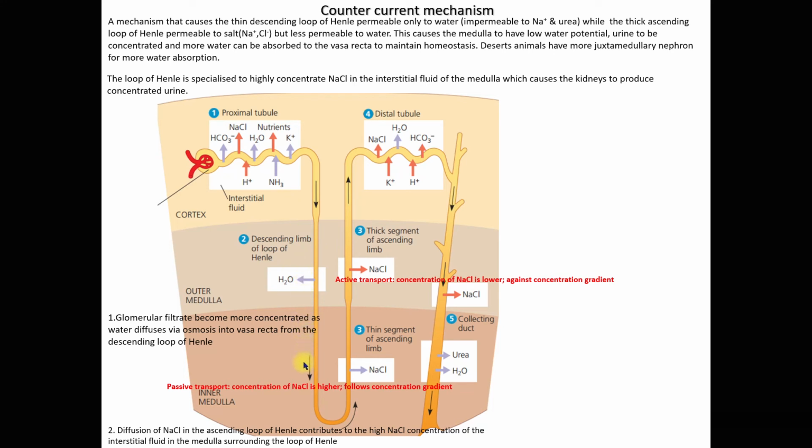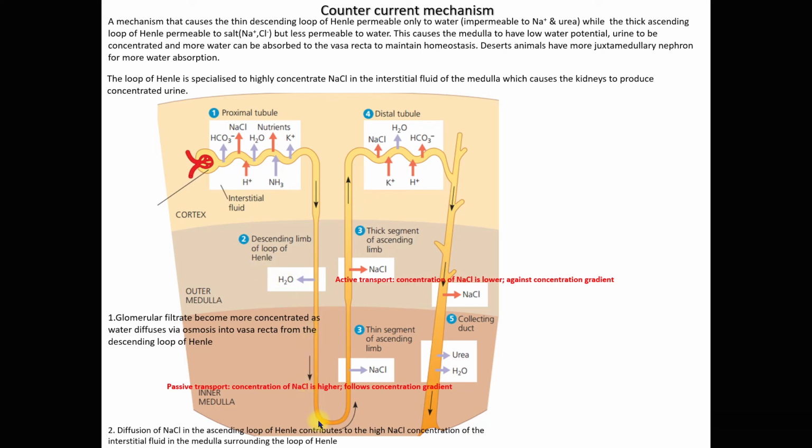Next, diffusion of sodium chloride ions in the ascending loop of Henle contributes to the high sodium chloride concentration of the interstitial fluid in the medulla surrounding the loop of Henle. Now, in the thin descending loop of Henle, water diffuses out by osmosis.